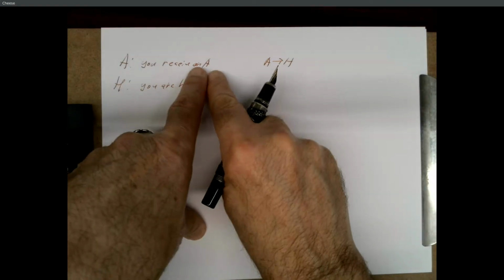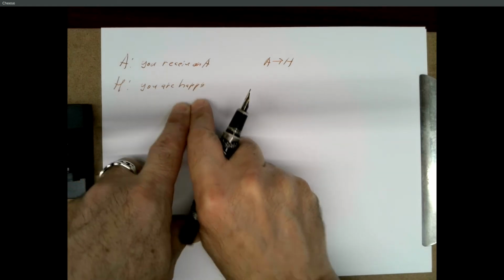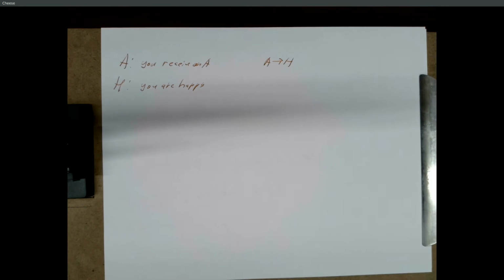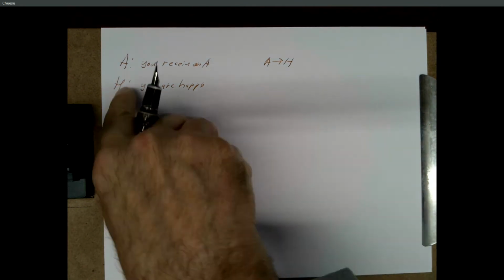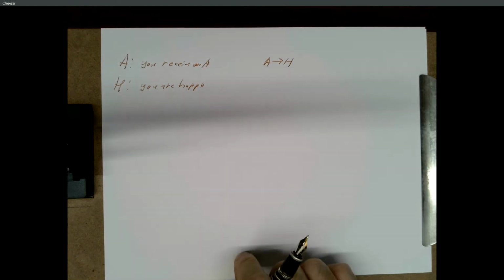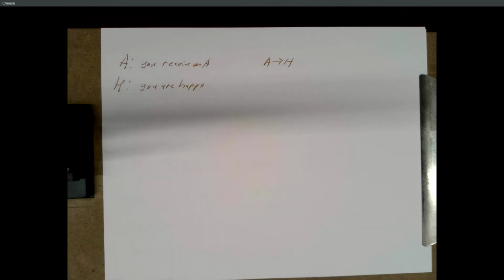A is the proposition you receive an A, H is the proposition you are happy. If A, then H. Please, when you're doing this, actually say A is the proposition you receive an A, H is the proposition you are happy. Because if you write colons, eventually those colons turn into equal signs, and then those turn into mathematical equalities, and then everything goes haywire when we get into proofs about numbers.